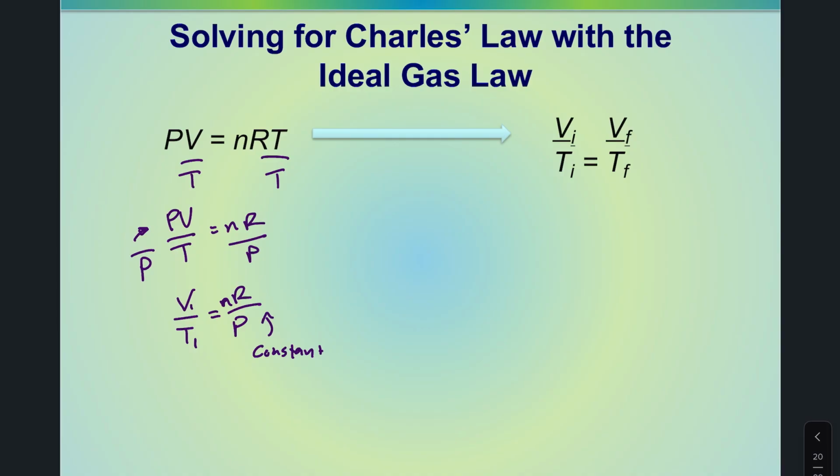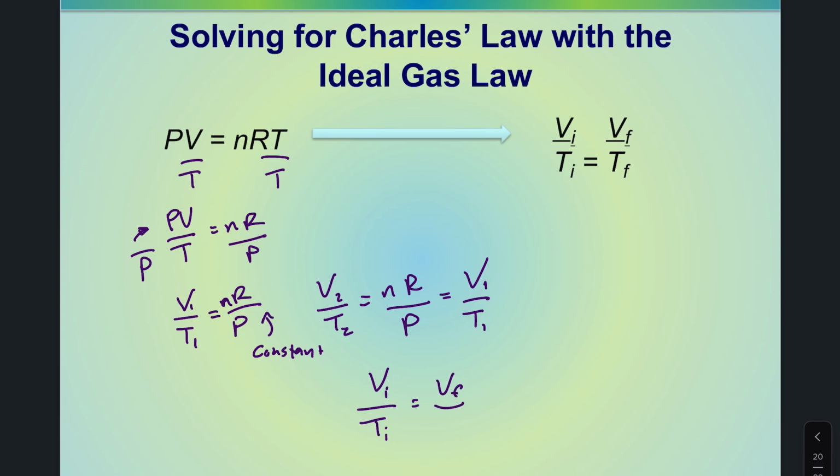So that means that V2 over T2 is also going to equal nR over P. These are going to be the same number, which means that that is also equal to VI over TI, which means that we have VI over TI equals VF over TF, or V1 over T1 equals V2 over T2. Either one is fine.